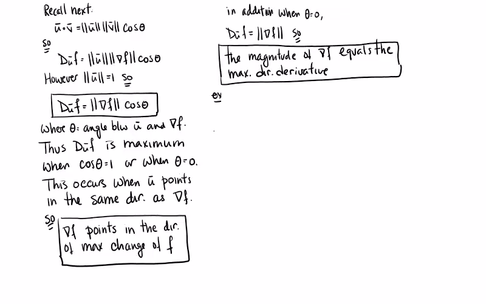So let's go back to this example that made a lot of sense for us, which was giving the temperature at a certain point. Suppose this function gives temperature in degrees Celsius at x comma y, with x comma y in meters.